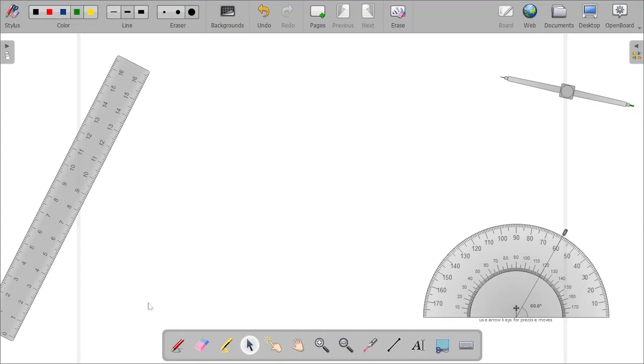So what do I mean by that? If I have 90 degree, if I divide 90 degree by 2, what's the answer? The answer is 45 degree. So if I can construct angle 90, then I just have to bisect it to get 45 degree, right?